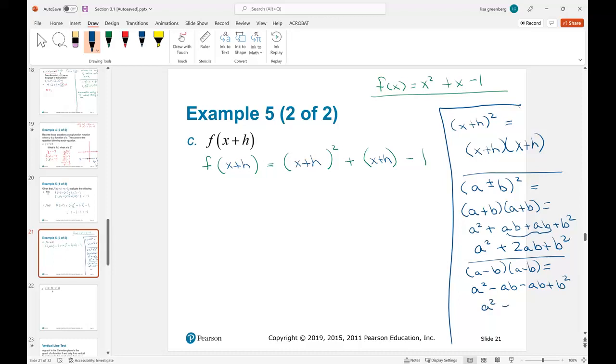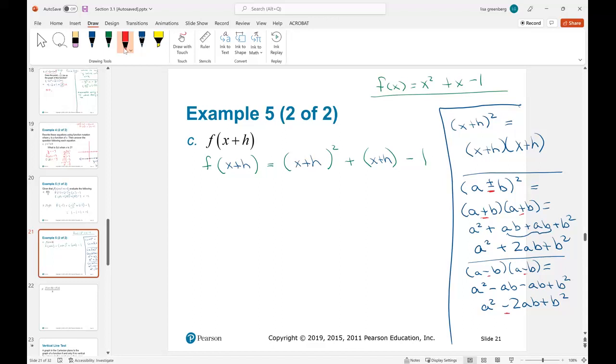So I'd have a squared minus 2ab plus b squared. The only thing that's changing with the signs is plus or minus, depending on whether this is positive or negative. So when it's positive, everything's positive. And when it's negative, then only this one is negative.